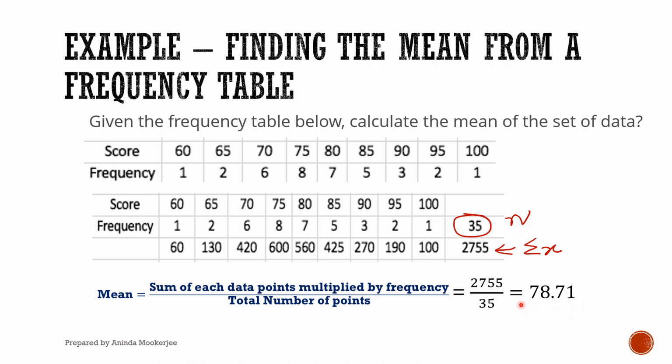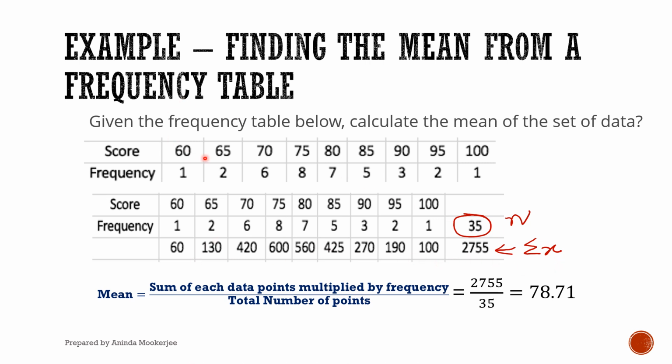All right, so keep in mind that when you're asked to find the mean from a frequency table, you have to multiply each value first by its frequency and then sum up the result of the multiplied values. You have to sum the multiplied values for sigma x.